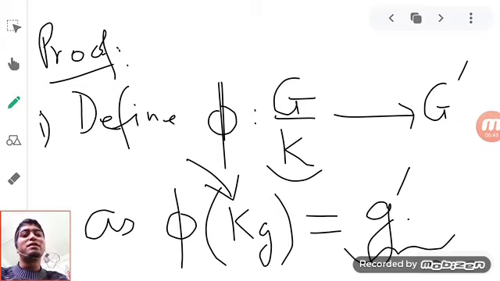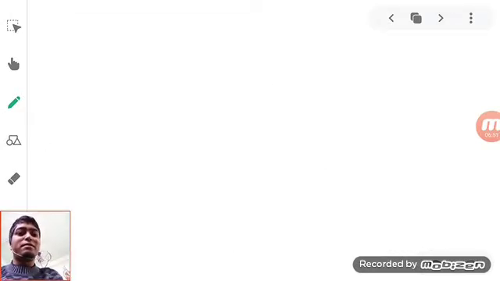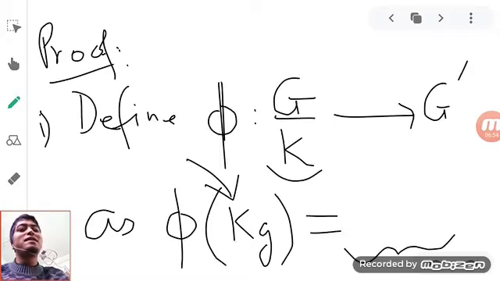We don't even know what G dash is. So what will I do? This is a bit tricky. Again, just like I said previously, defining this function is the most challenging part of this proof. The other things, homomorphism, 1, 1 and onto, follow naturally.